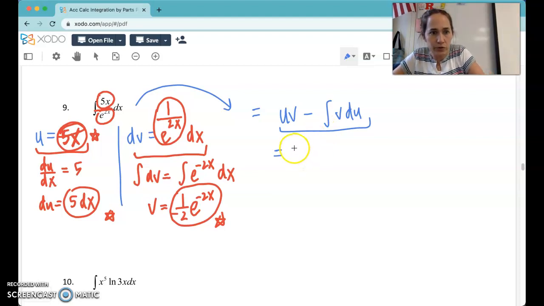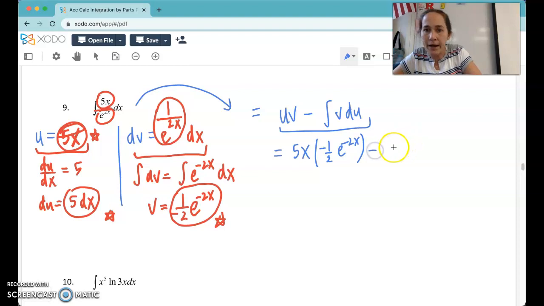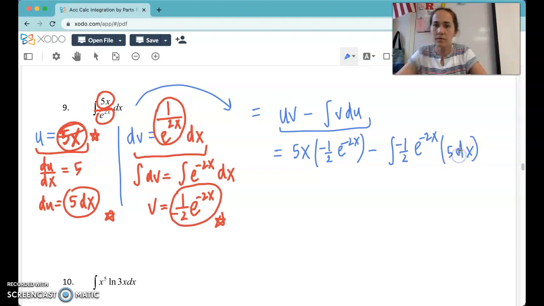So what is u? U is 5x, v is -1/2 e to the -2x. Okay. Minus integral of v du. So here goes. V is -1/2 e to the -2x, and then du is 5 dx. Okay. Let's rewrite a little bit. So this thing, you don't really want the constants separate from each other.